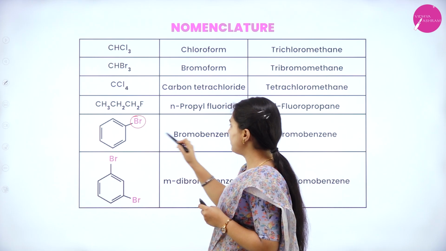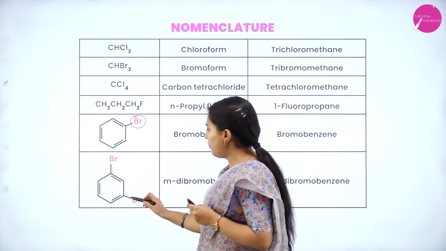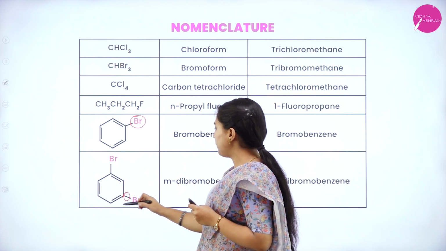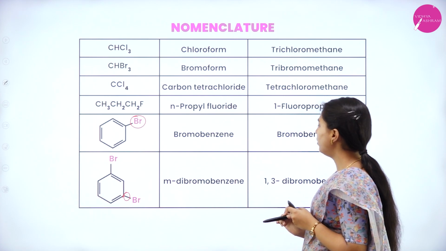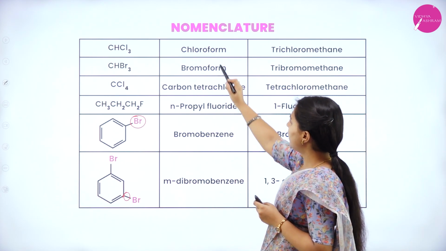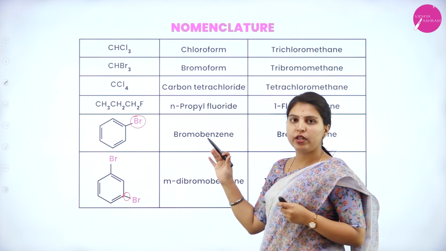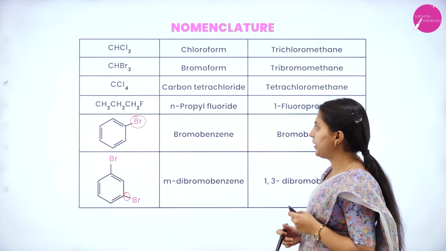Bromine is attached to benzene, so bromobenzene. At the meta position bromine is added, so meta-dibromobenzene, this is 1,3-dibromobenzene. And chloroform and carbon tetrachloride are lab reagents which we use in laboratories.